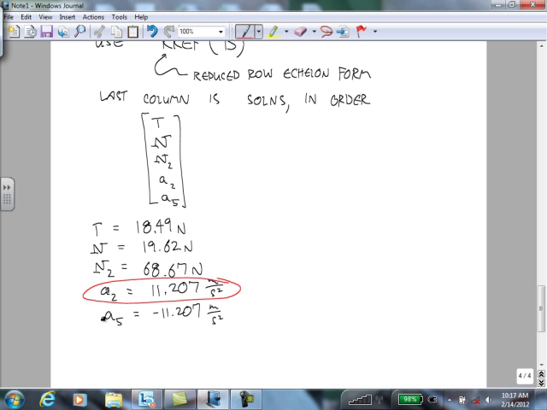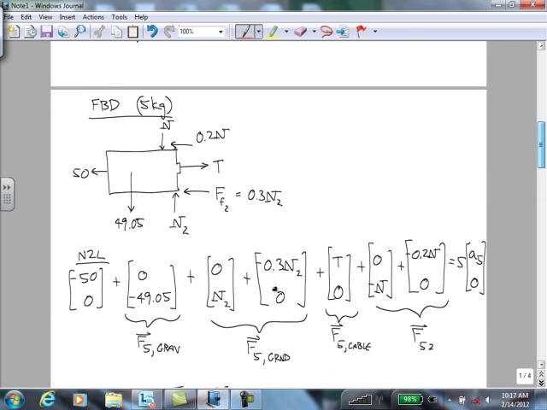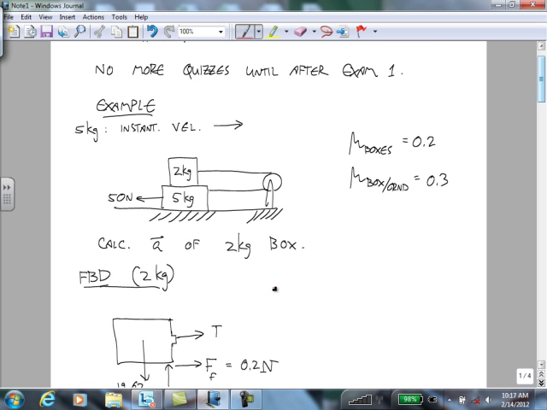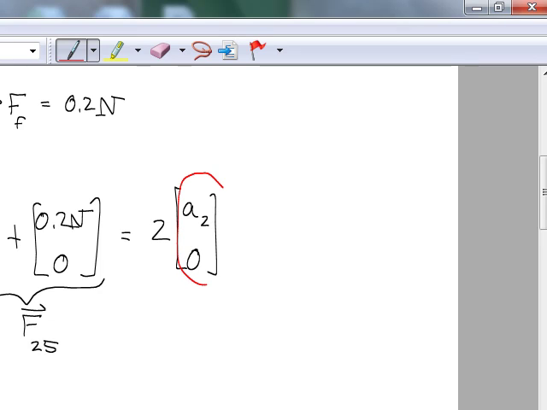So take this A2 that we calculated, plug it back in for the 2 kilogram box.